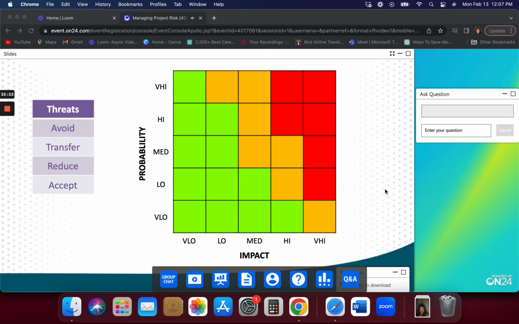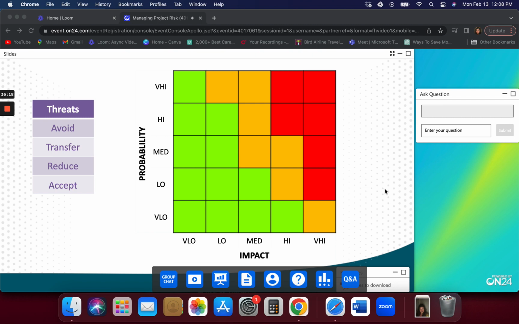Here's our PI matrix with the threats on the left-hand side. If we were to accept a risk, where would we look? Obviously, we would look where the impact is lowest. We're talking about threats, remember.